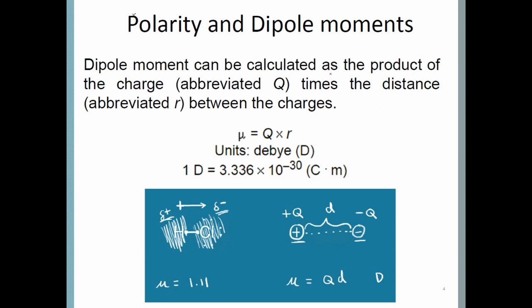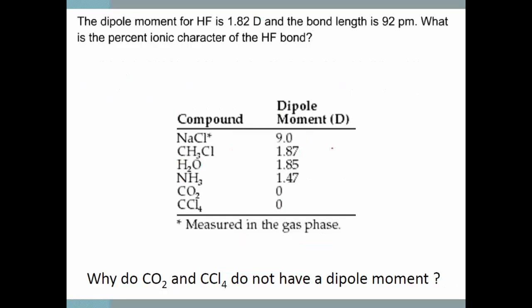It can be calculated as the product of charge, which is given as q, times the distance between the charges. So it is mu equal to q into r, and the unit is the debye. A few examples: a very good dipole moment is for sodium chloride, then chloroform, and then water.